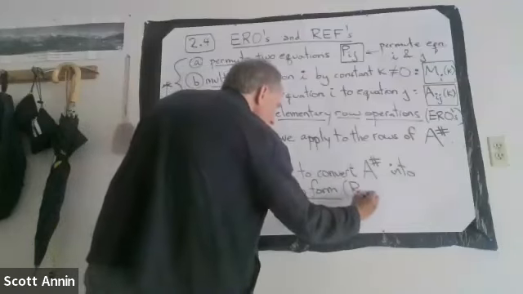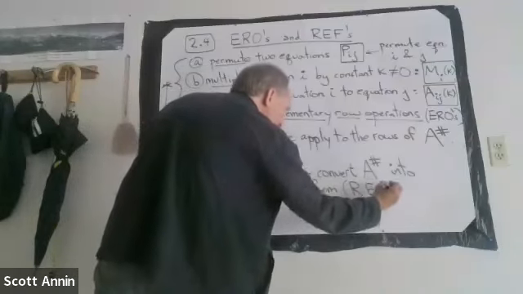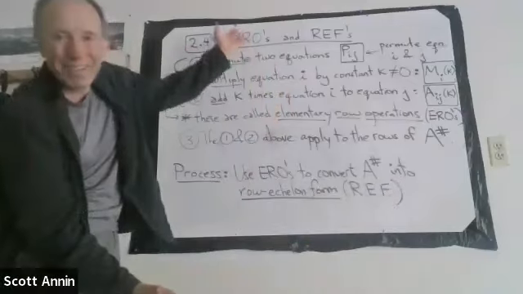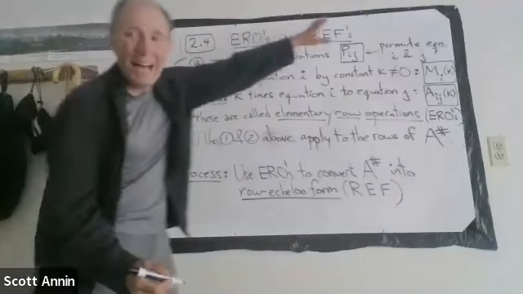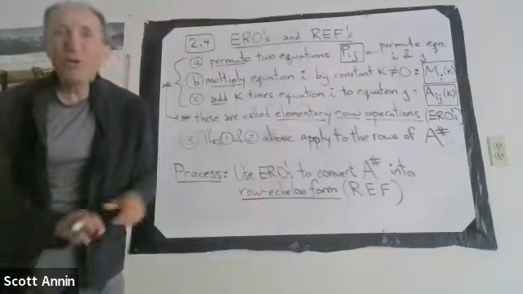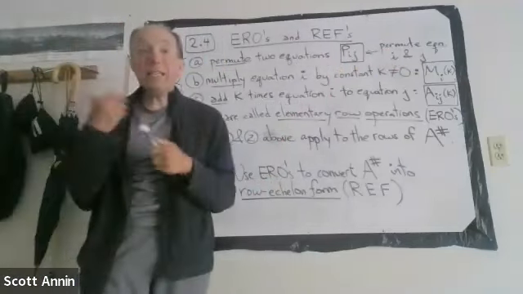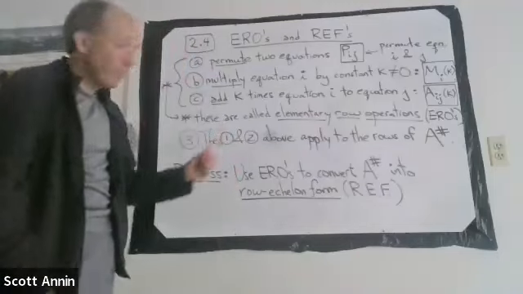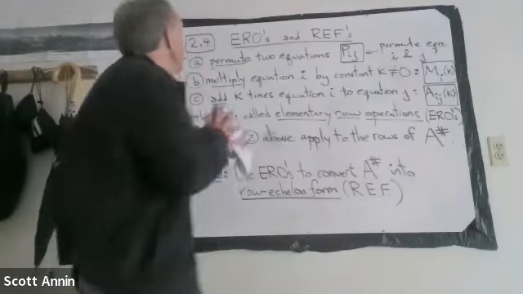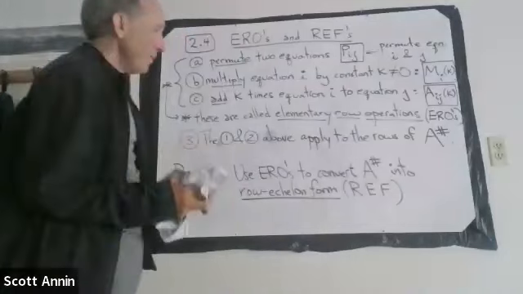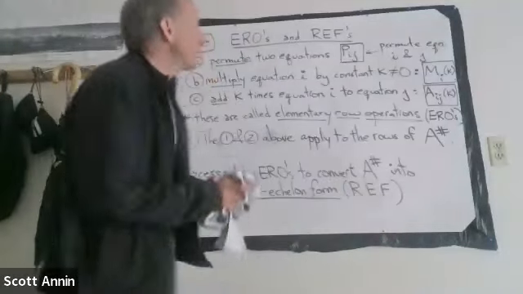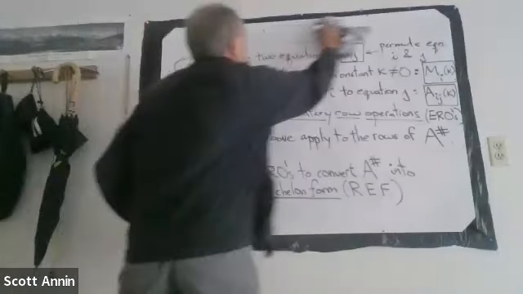Okay, so it's going to be the other part of the title of this video. REFs stands for Row-Echelon forms. So we're going to use these EROs to convert our matrix into row echelon form. I have to tell you what row echelon form means formally. I'd like to give you the definition.